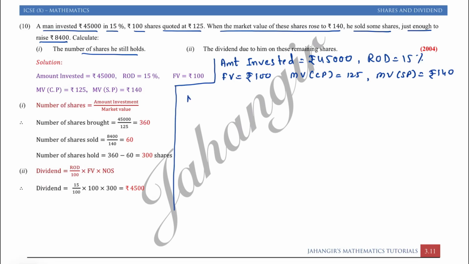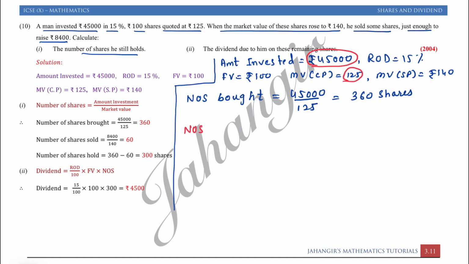So first, the number of shares bought: he invested 45,000 to buy shares at a rate of 125 rupees. If you calculate this, you will get 360 shares. So he bought 360 shares. Now the number of shares he sold: for the sale he got rupees 8,400.